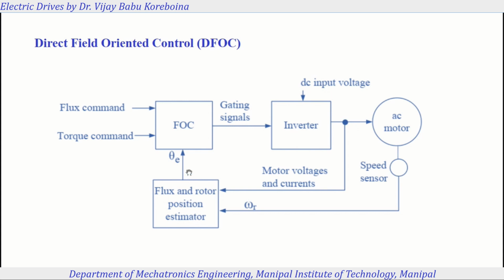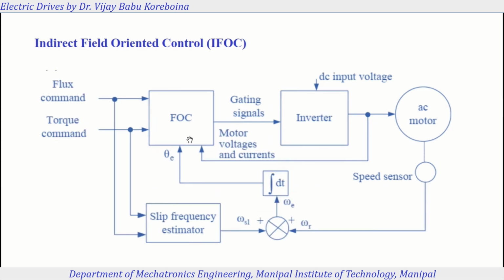All these things are estimated directly. Position is also very important in field oriented control, not only magnitude but also position. In indirect field oriented control, from the required commands, the slip frequency will be estimated, and from that the position information will be estimated. So there is an inverse current model that will be used in that.